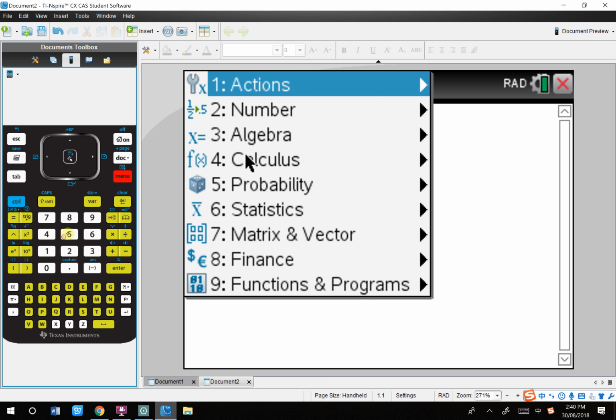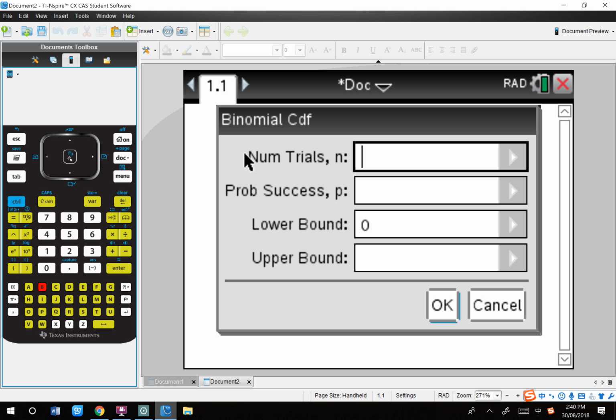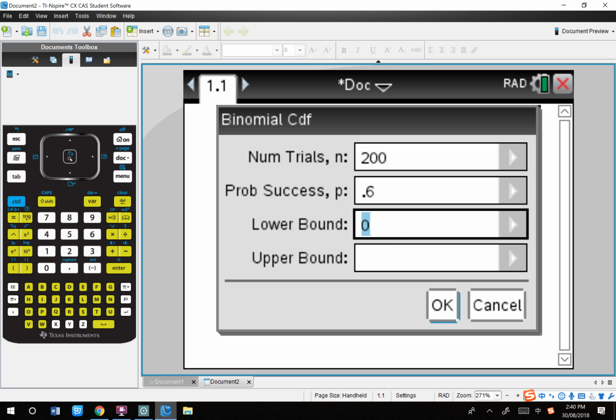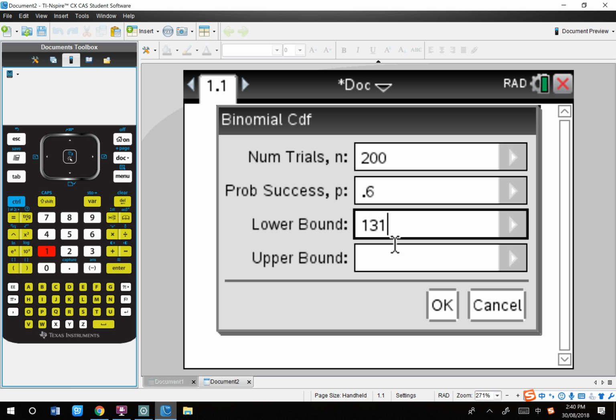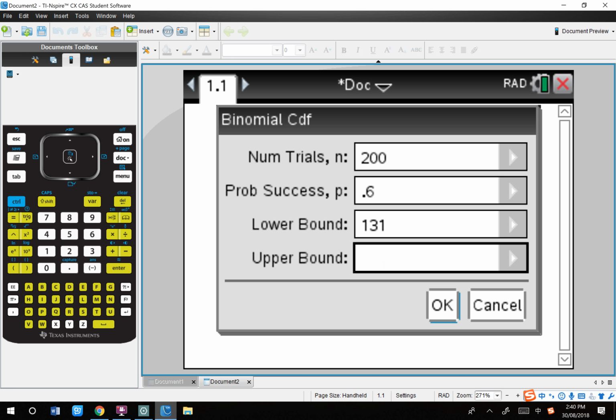Well, this is the exact distribution, so we use the binomial to do the calculation. If you go menu 5 5 B, because it's more than something, I have 200 trials. Success rate is 0.6. What's my lower bound? 131. Okay, it's not 130. It needs to be more than 130. The next integer is 131. What's the upper bound? 200. Correct.